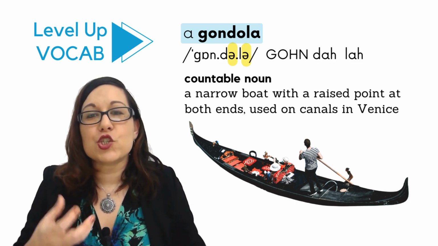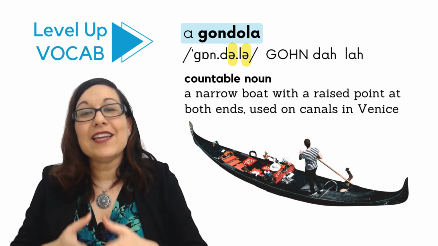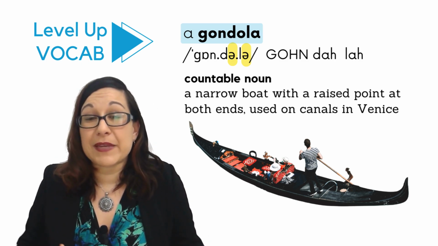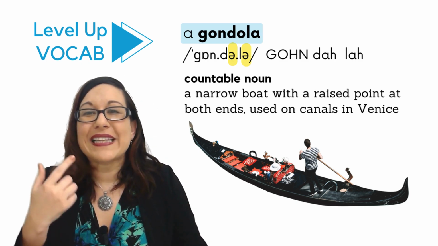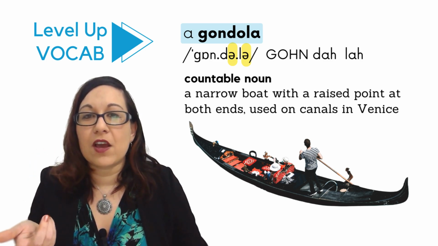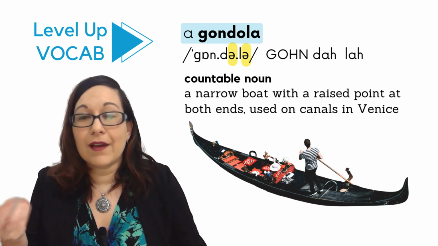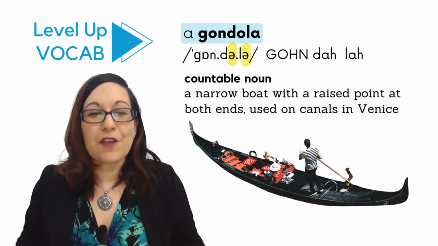This is where we get that schwa. So remember, any vowel that is not stressed is probably going to be a schwa, which is that really lazy sound that we make. Gondola, it's a very lazy sound. So, gondola.